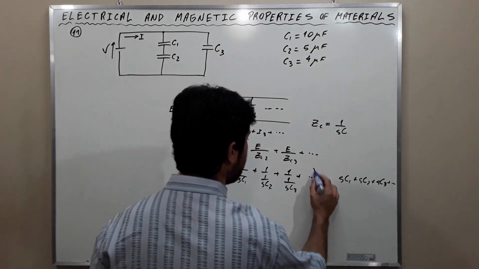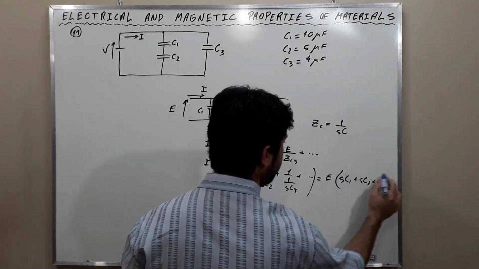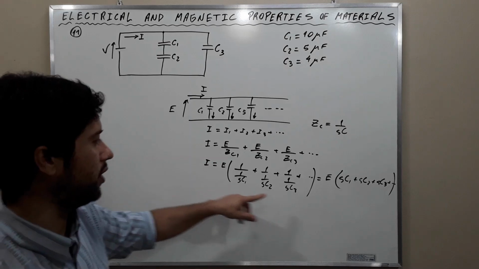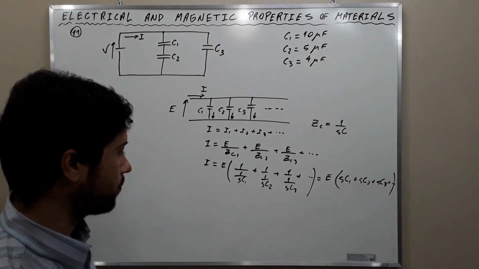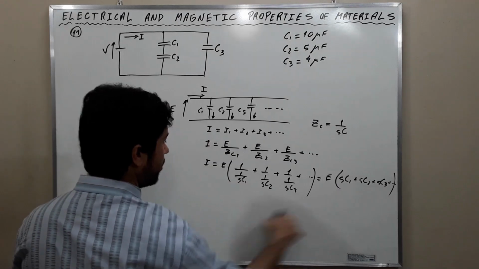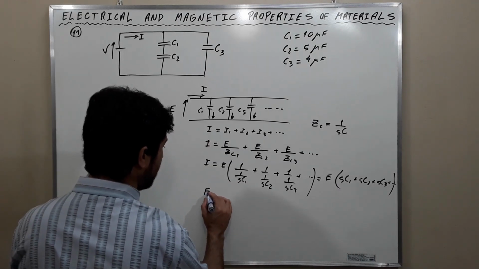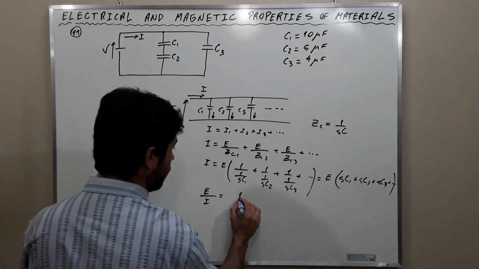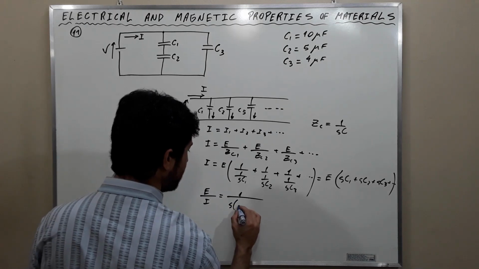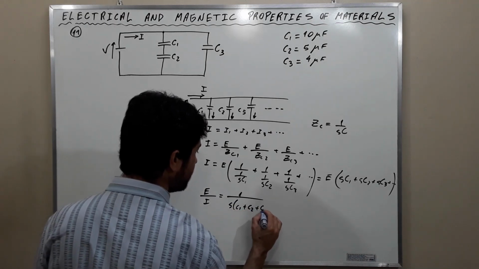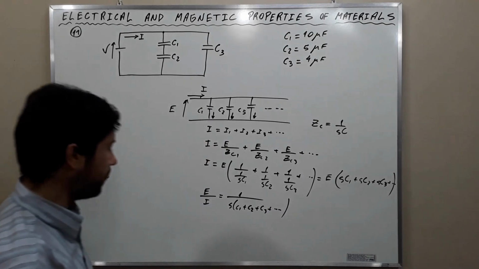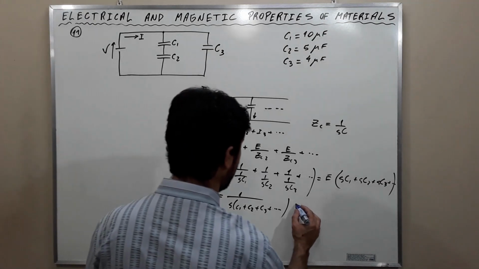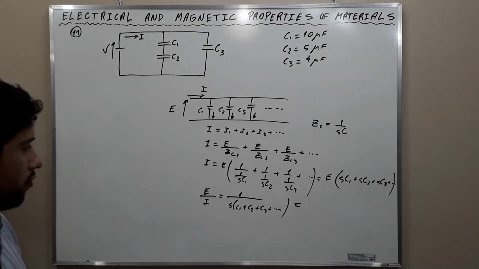We have here E multiplying them all, as here. Alright? We carried out this division here and we discovered this. Then we pass this to the other side. It becomes E over I equal to 1 over S(C1 plus C2 plus C3 plus...), okay? But E over I is already the equivalent impedance, okay?